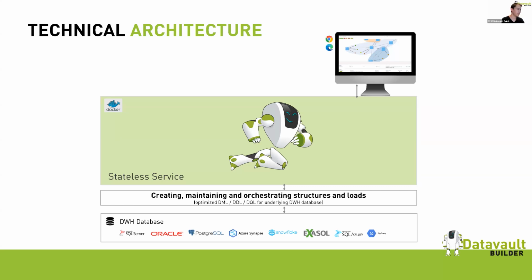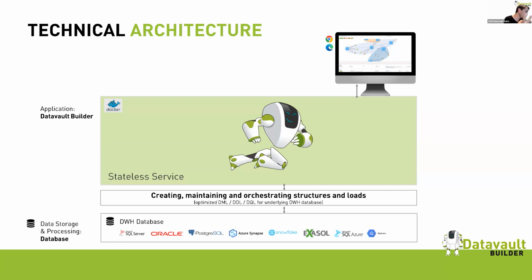Whenever we create structures in Datavault Builder, it directly creates those structures on the underlying database. And when it does loading processes, it performs them by sending the statements down to the database, which will then actually do the heavy workload.